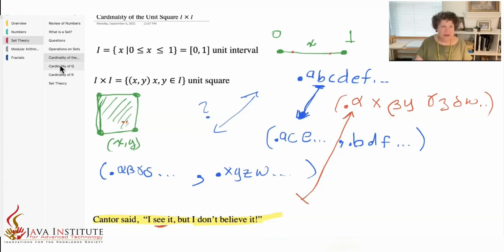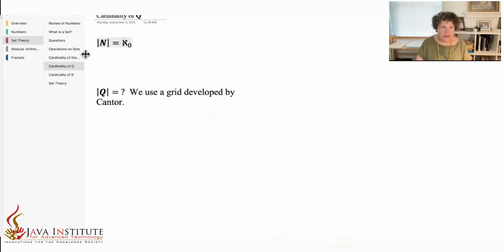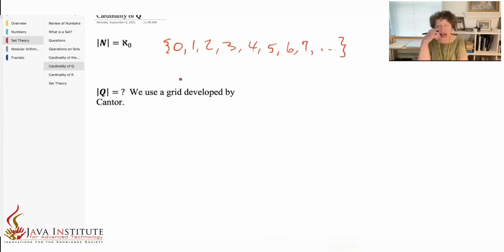Now this one is really important. He said the integers have cardinality aleph naught, and, well, these are the natural numbers. So I'm doing 0, 1, 2, 3, 4, 5, 6. Now the rational numbers. How can we understand the rational numbers? Cantor said these are going to have the same cardinality.